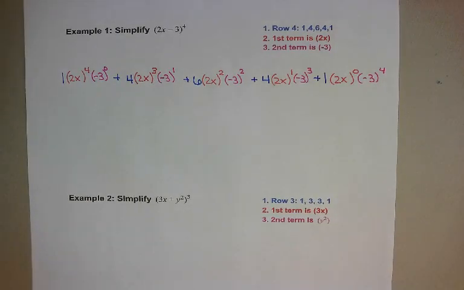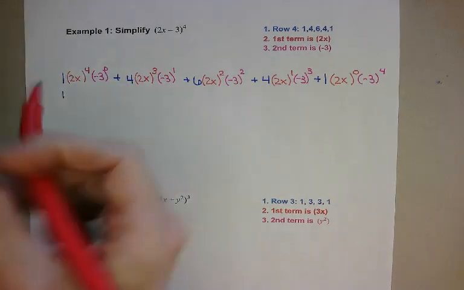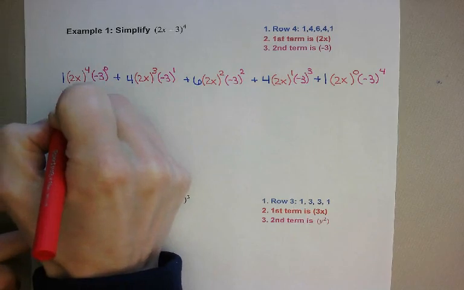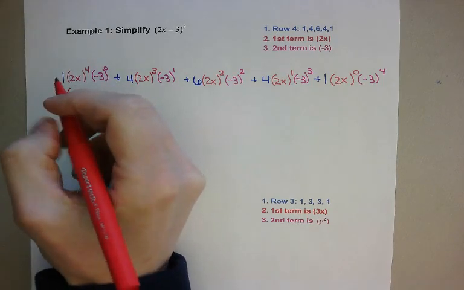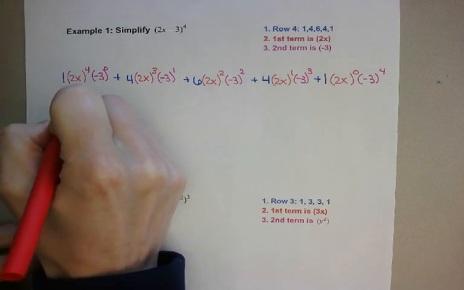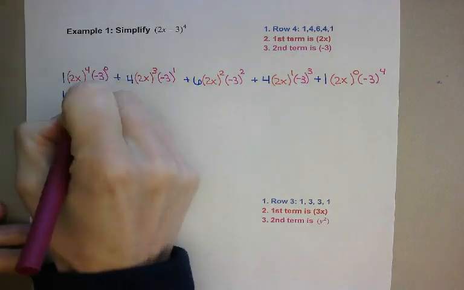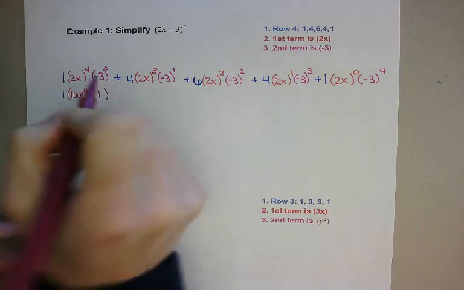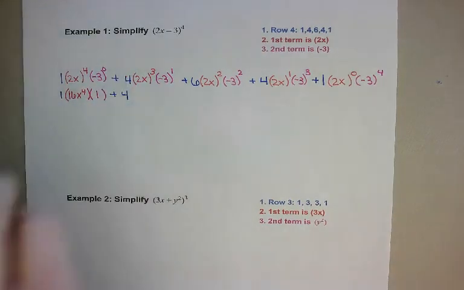Okay, from here on out, you're going to simplify. So here I'm going to have a 1, a 2x to the 4th. 2 to the 4th, so 2 times 2 times 2 times 2 is 16. Remember, anything to the 0 power is going to be 1. Then we have our plus 4.